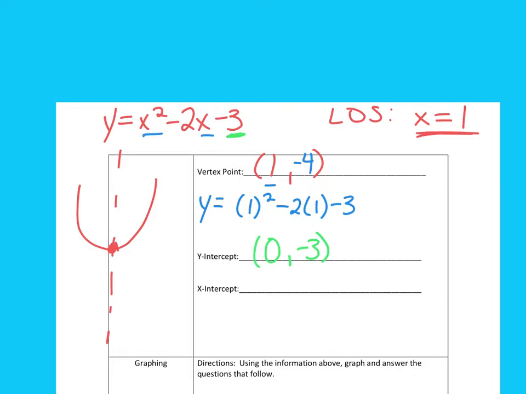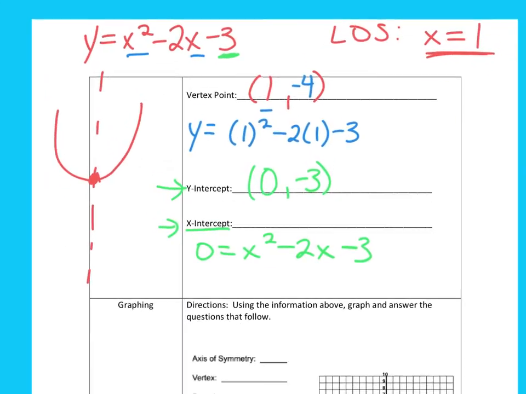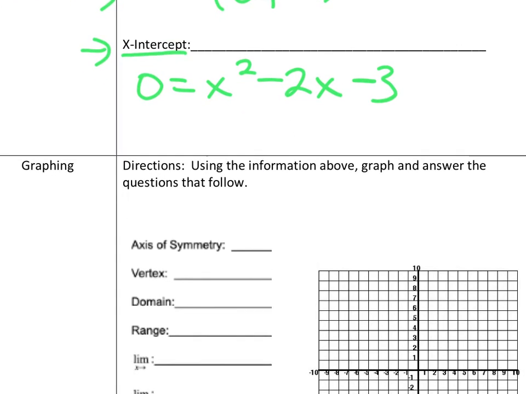So then we need to find our x-intercept. How do you think we'd find that? So if this is when x is 0, this is going to be when y is 0. So we're going to set y equal to 0 and solve for x. That looks familiar, doesn't it?